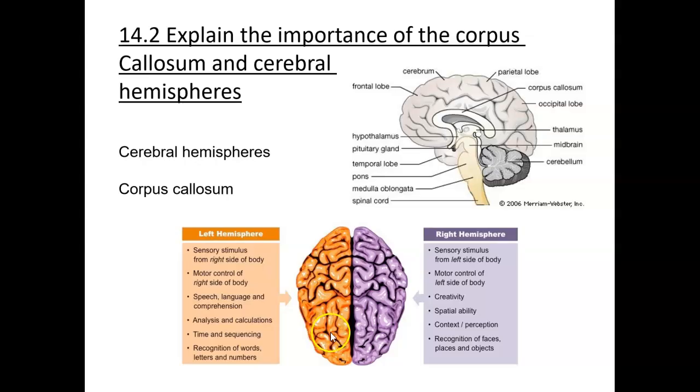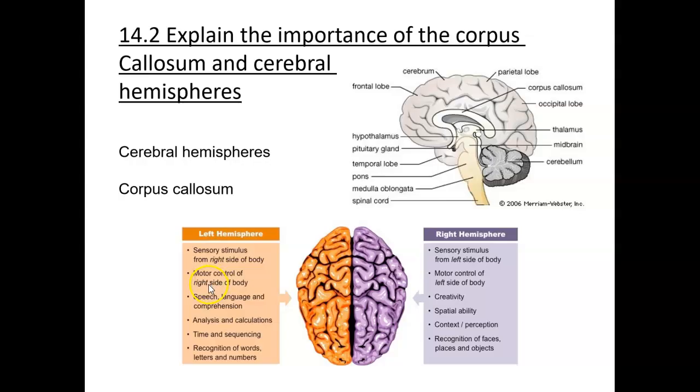So if you had damage to your occipital lobe on the left side of your brain, but not the right side, you might lose vision in your right eyeball. Sensory information from my right eyeball goes to the left side of the brain. If I damage the left side in this occipital lobe, I might not be able to interpret visual information coming from the right eye.